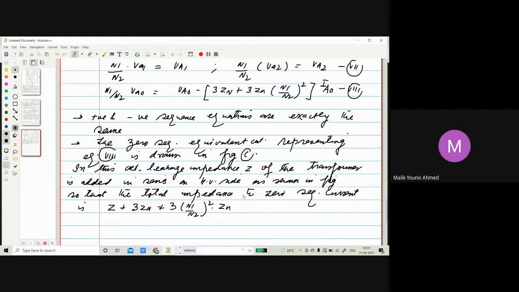That is the total impedance. And we call it referred to the HV side.